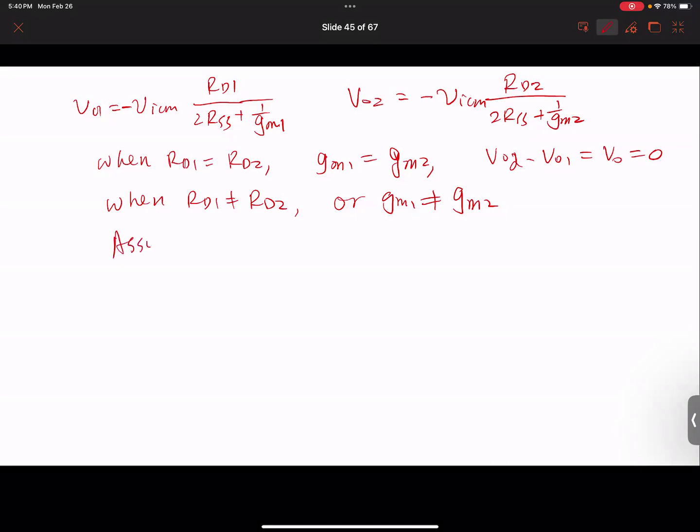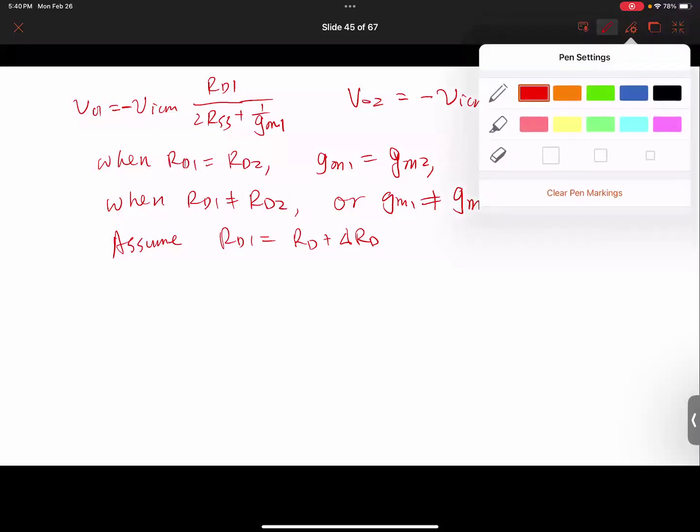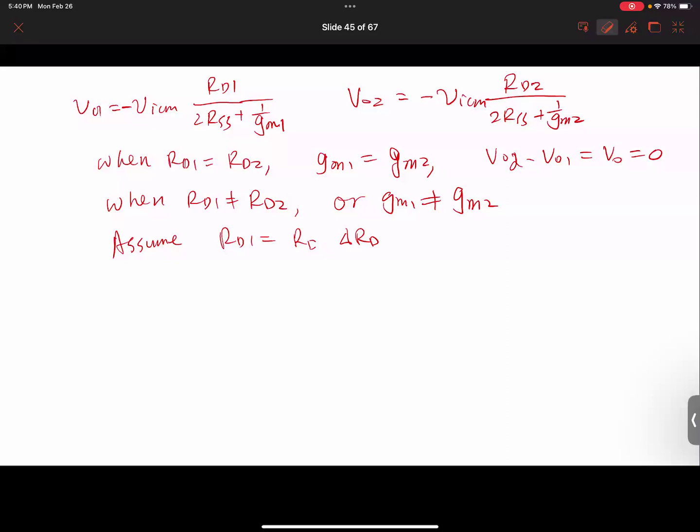Assume RD1 equals RD minus delta RD, and RD2 equals RD plus delta RD.